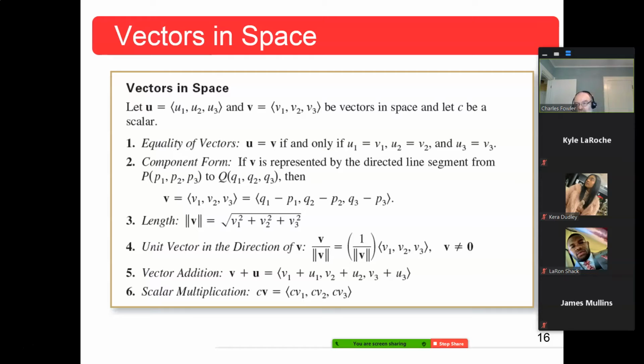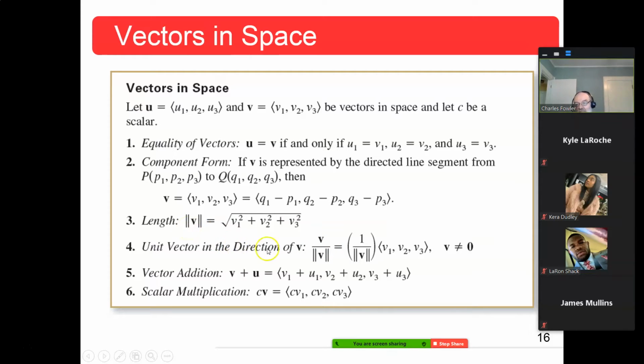Next, a unit vector in the direction of v. Well, it's the vector v that gives it its direction, divided by the magnitude of v that normalizes the length to be a 1.